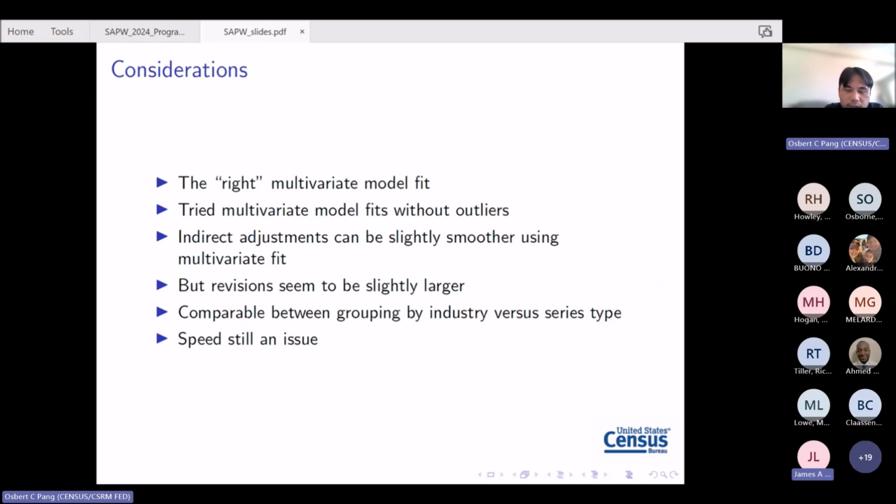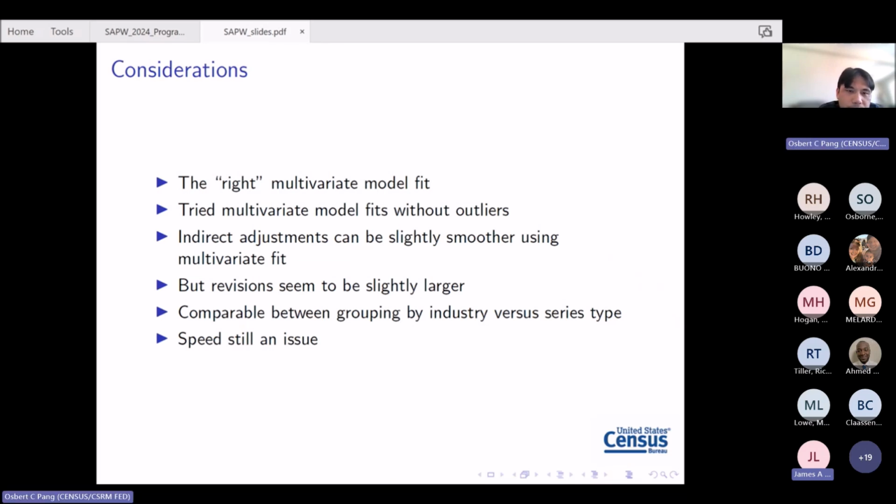Overall, what we're noticing is that indirect adjustments can be slightly smoother if we use multivariate fits, but that it may also yield slightly larger revisions, at least the way we're doing it. As a whole, it doesn't really look like there's a huge difference between the two different ways we might consider grouping our multivariate fits.